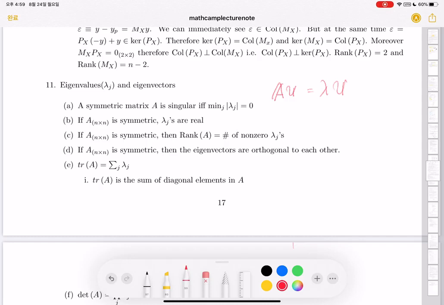So if you find lambda and v that satisfy this, it's called the eigenvalue and eigenvector.